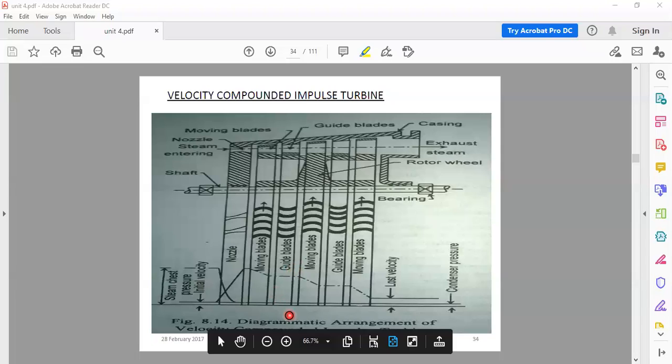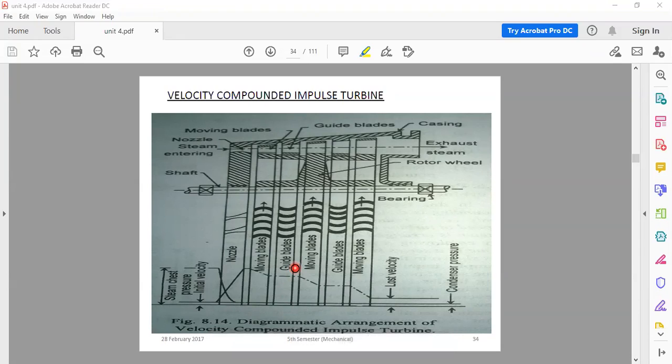After that, the function of the guide blade is to guide the flow of steam. Here, velocity is constant, pressure also constant. Again in the moving blade, kinetic energy decreases, or velocity decreases, and pressure is constant. In the guide blade, both pressure and velocity are constant.